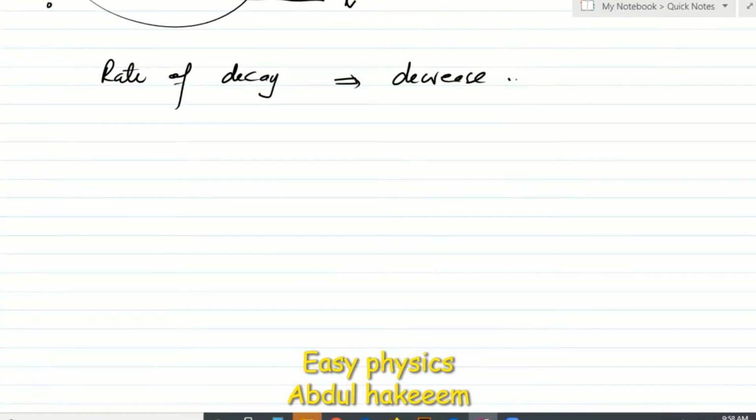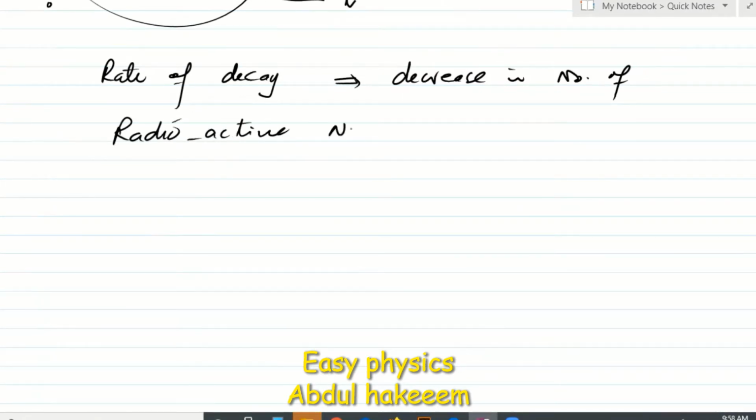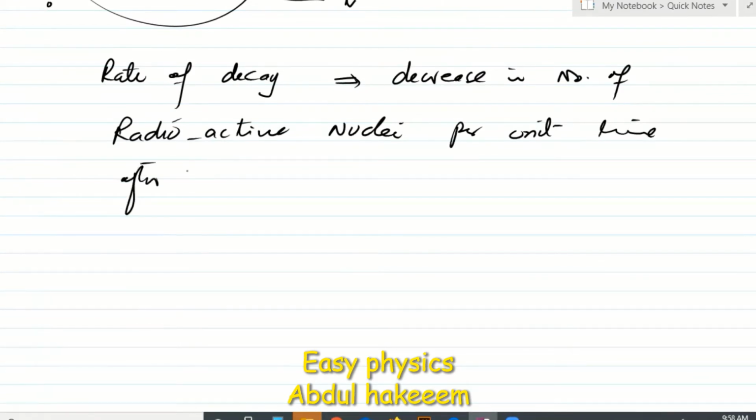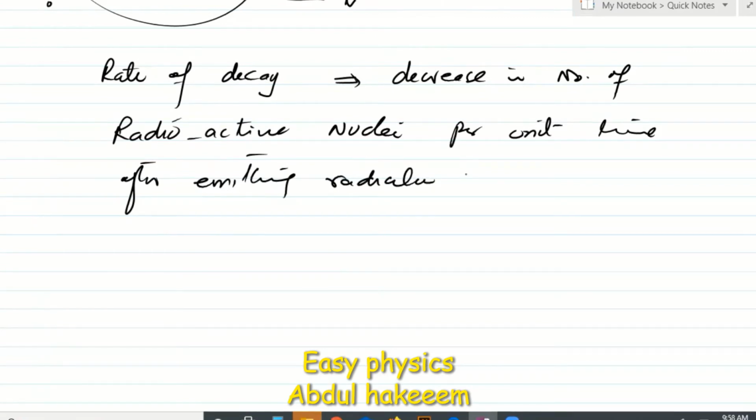Now, the rate of decay, meaning the decrease in the number of radioactive nuclei per unit time after emitting radiation, is called the rate of decay, and it is represented by dN over dt, and it is also known as activity.